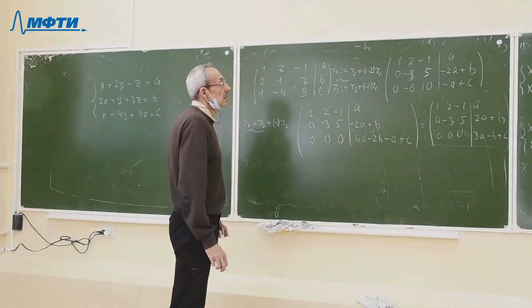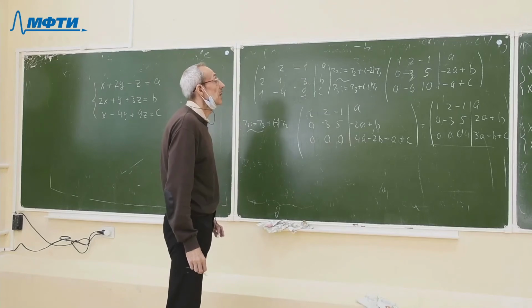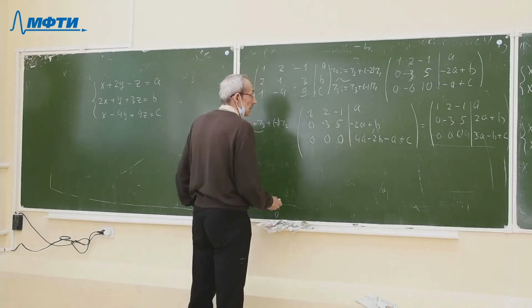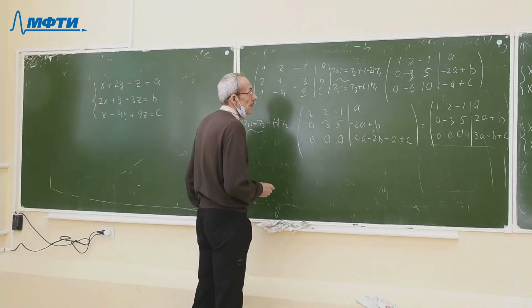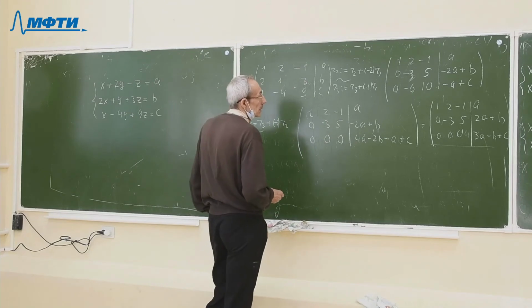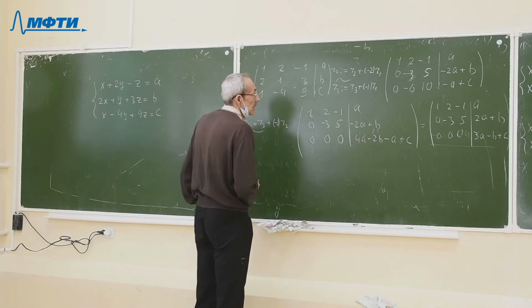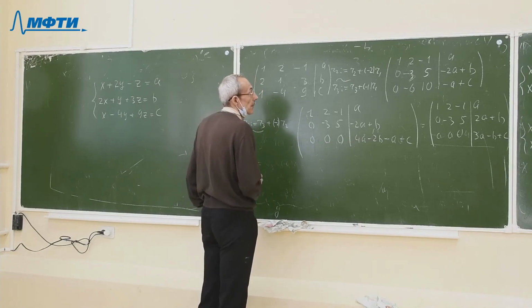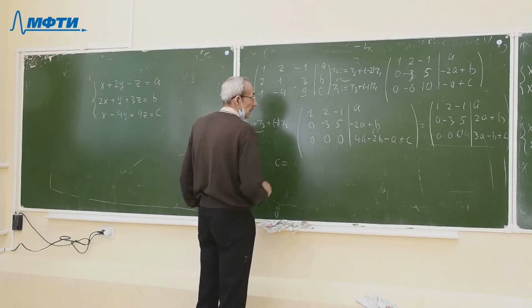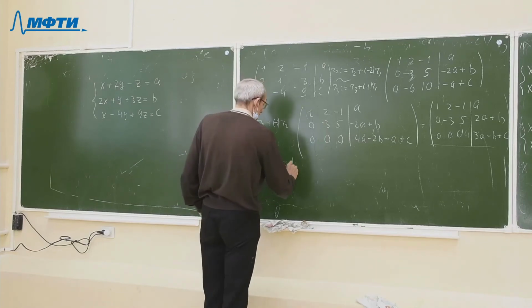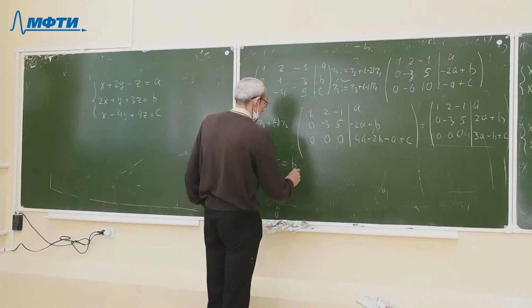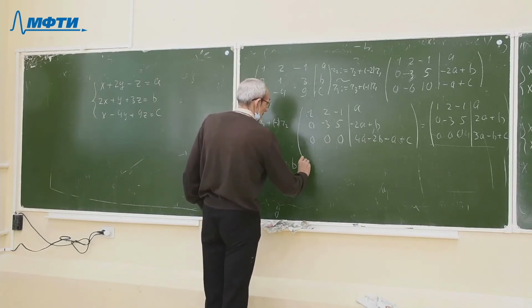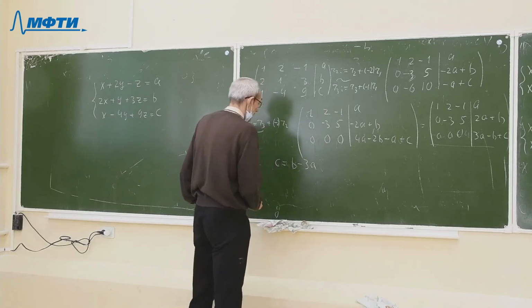And we obtain that our linear system has a solution only in the case when c is equal to b minus 3a. Only in this case.